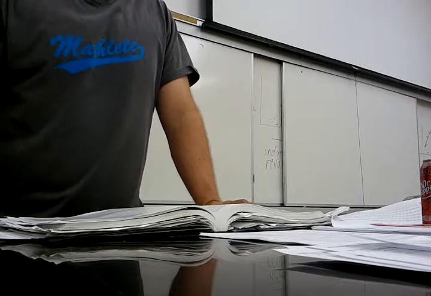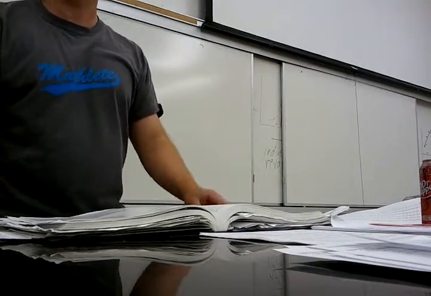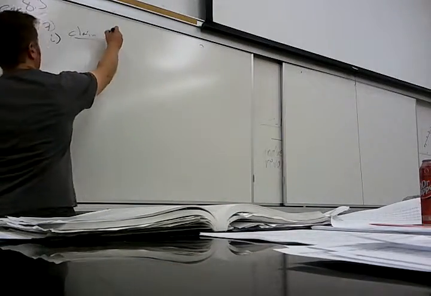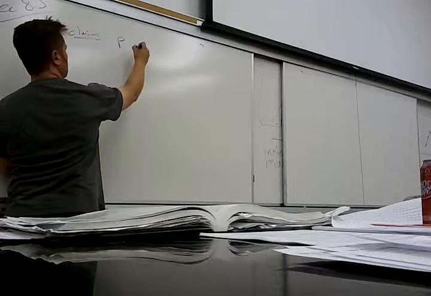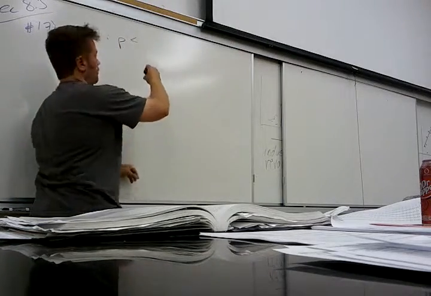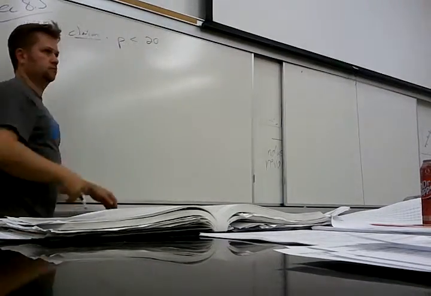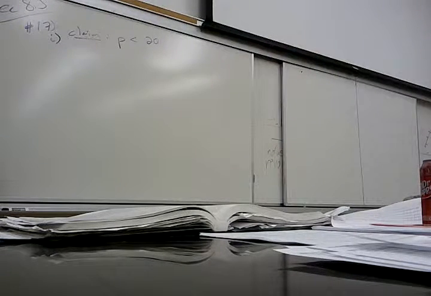So what's the claim? How do I write the claim? Less than 20%, right? So what would that look like in math-ish? We get p less than 0.20.